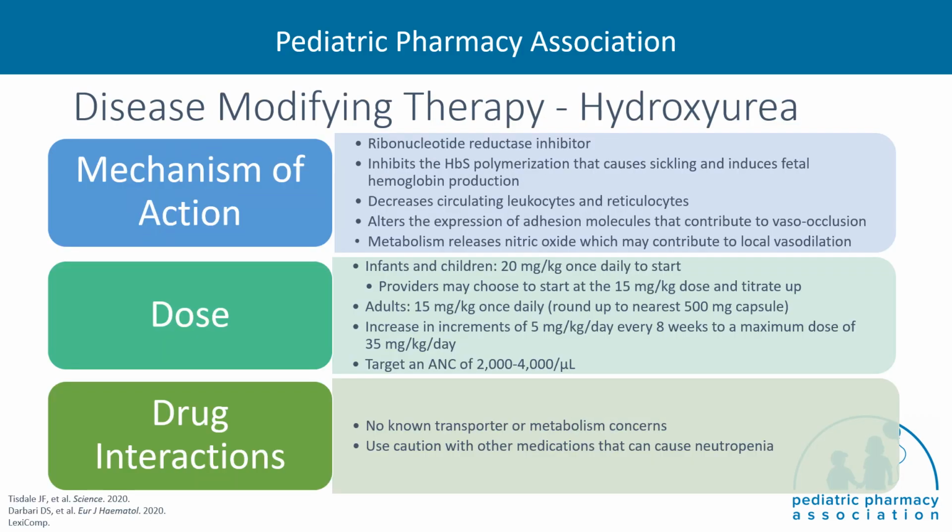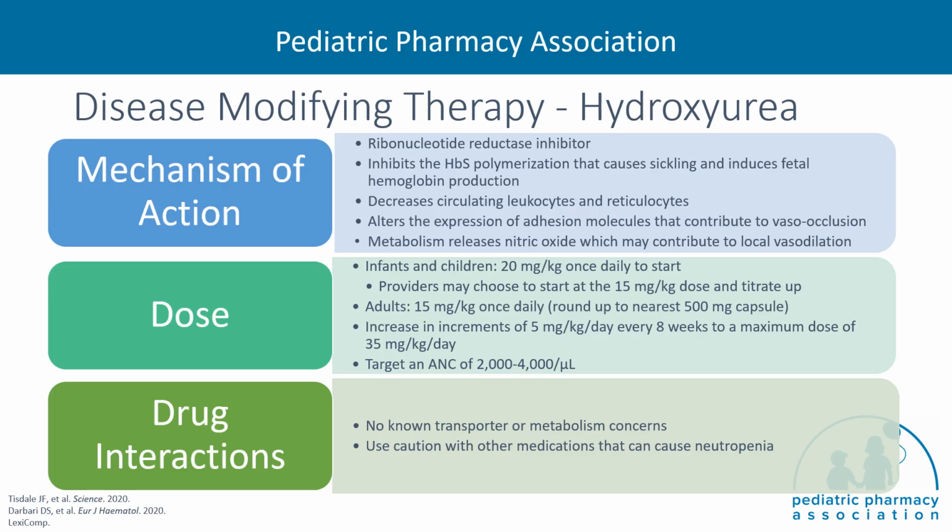Diving a bit more into hydroxyurea, it is a ribonucleotide reductase inhibitor. So it inhibits the hemoglobin S polymerization that would cause sickling, and it also is going to induce fetal hemoglobin production, remembering that that fetal hemoglobin is going to more tightly bind oxygen and thus be less likely to sickle.